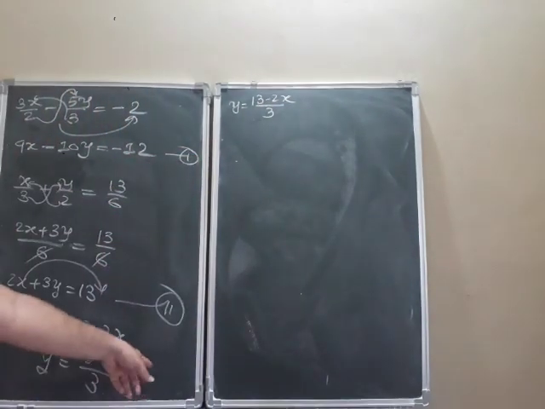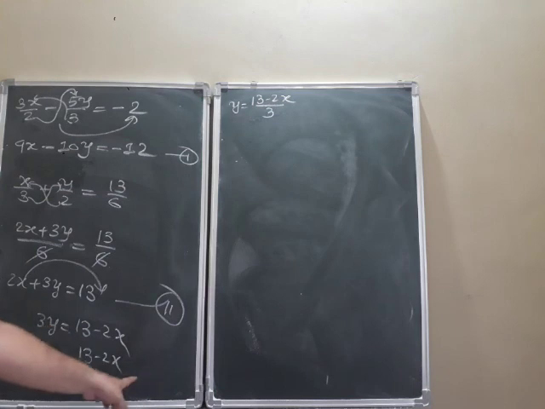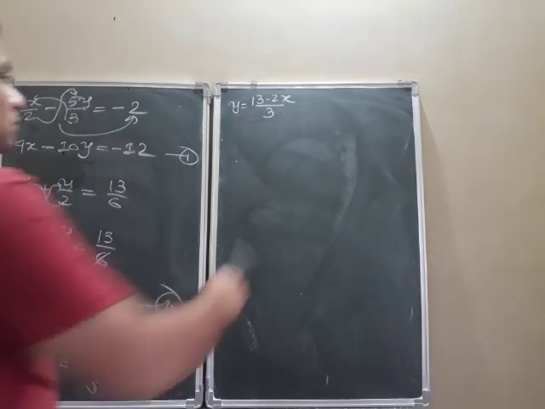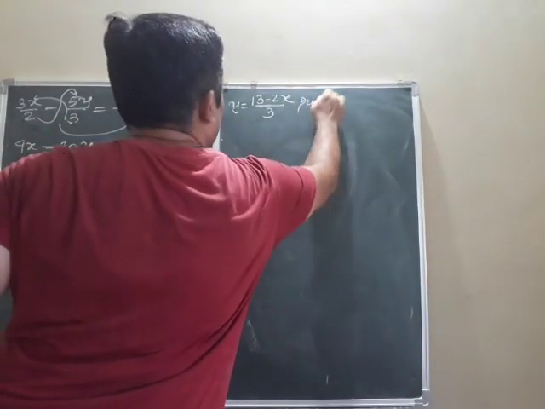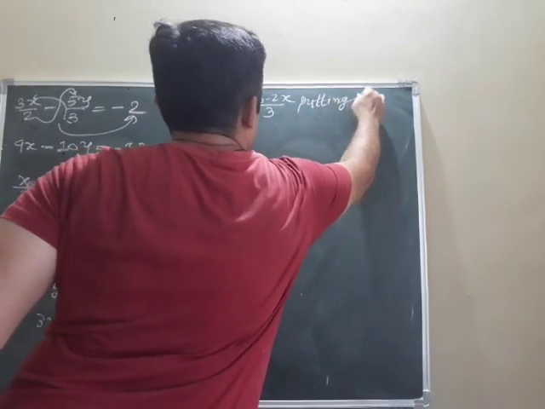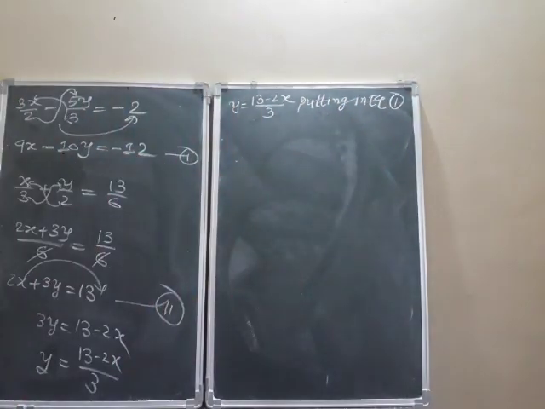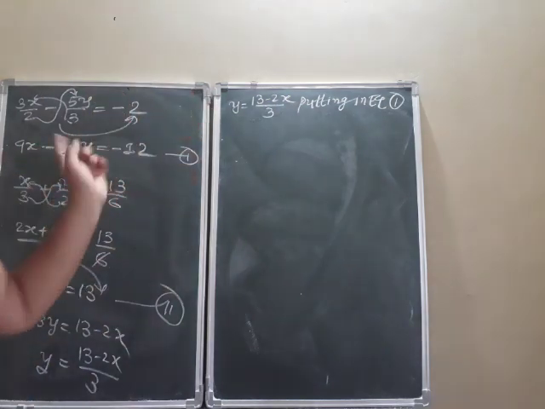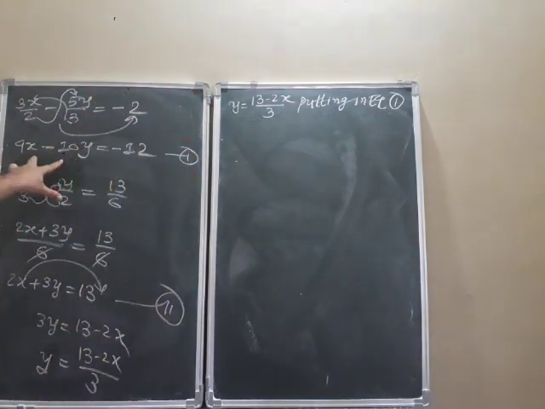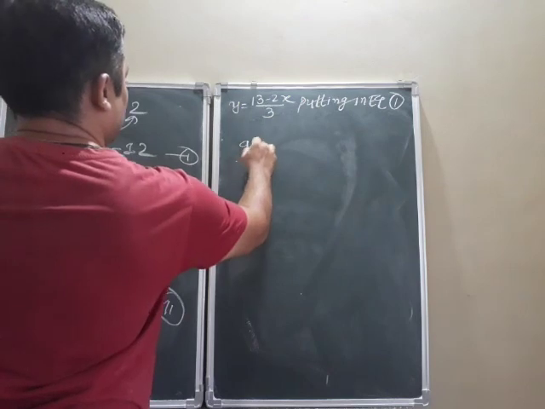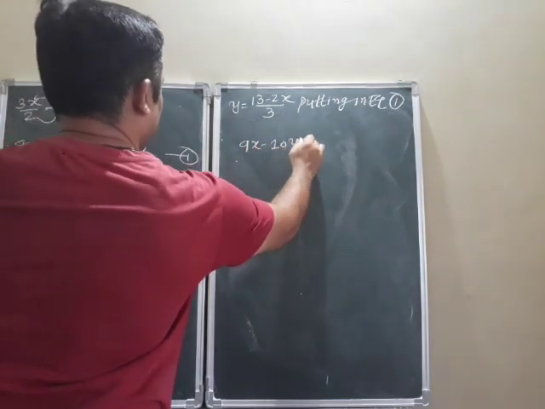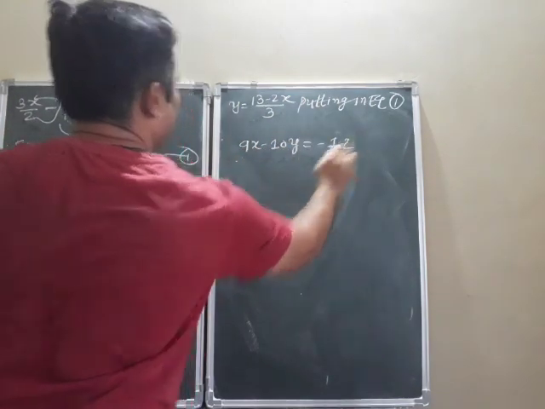So if you write in continuity, it would be okay. Here you write down, putting in equation 1. This value of y I am substituting in equation 1. So equation 1 is here: 9x minus 12y is equal to minus 12.